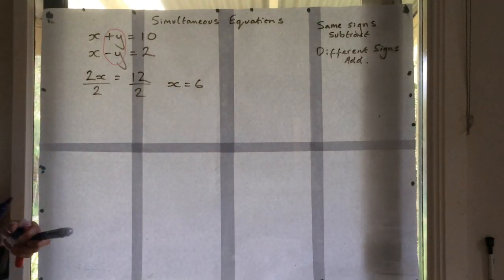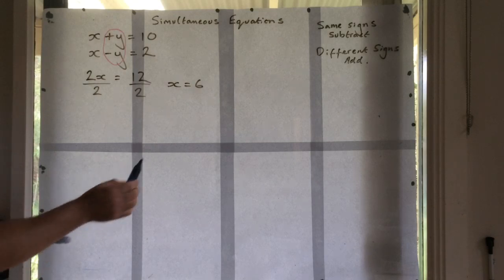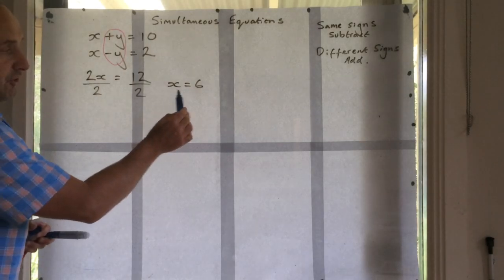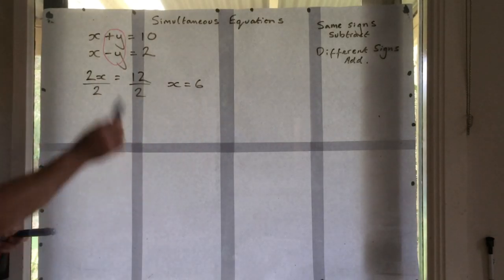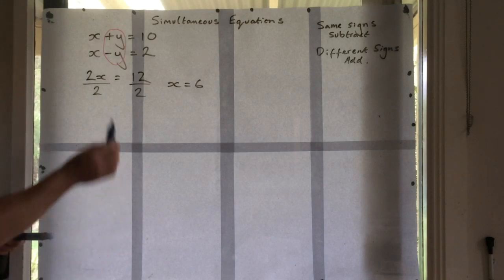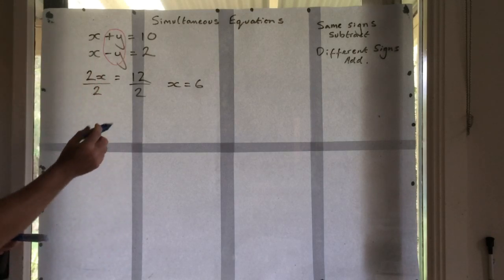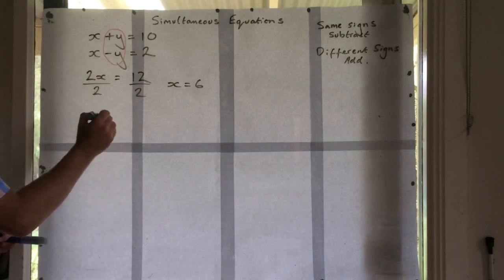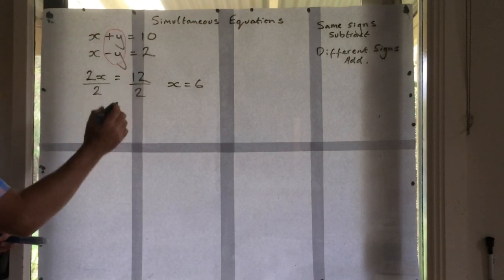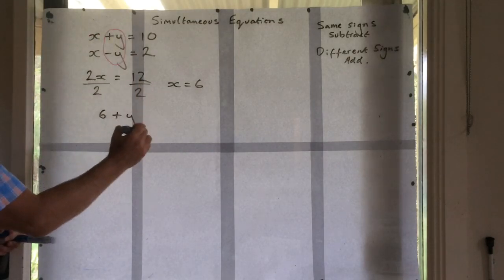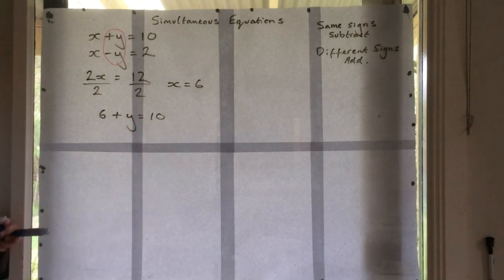Now we know x equals 6. We can substitute x equals 6 into one of these equations. Let's pick the top one. So now we know 6 plus y equals 10. We just solve the equation.